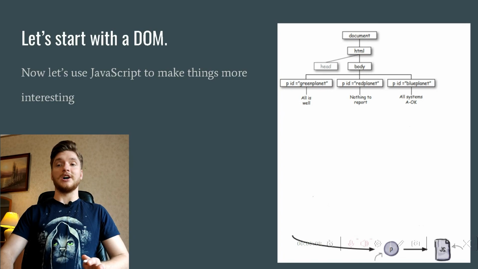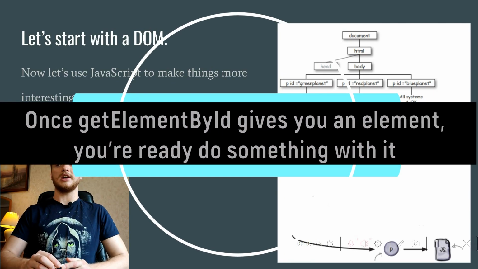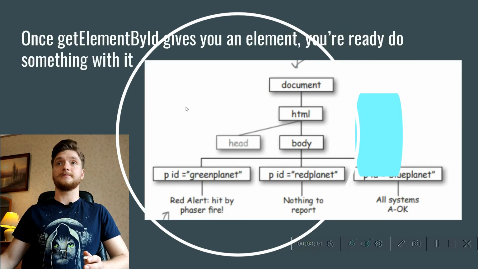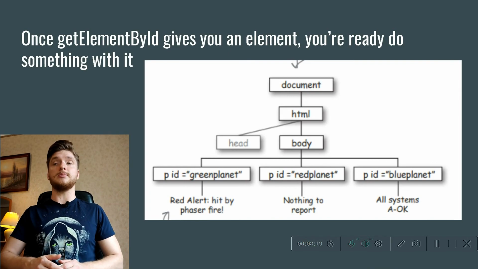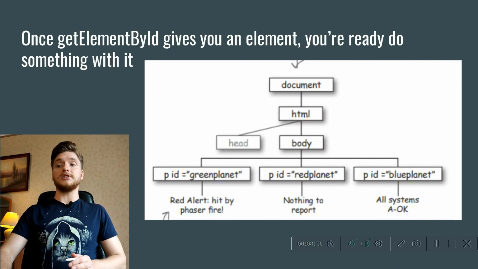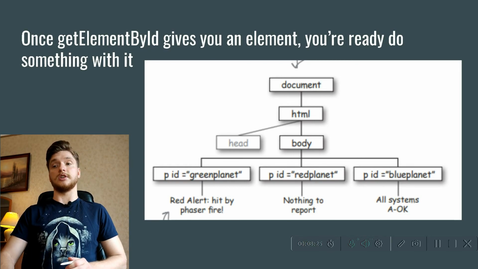And once getElementById gives you an element, you can do something with it, like change its text to "red alert, hit by Fraser fire." To do that, we typically assign the element to a variable so we can refer to the element throughout our code.